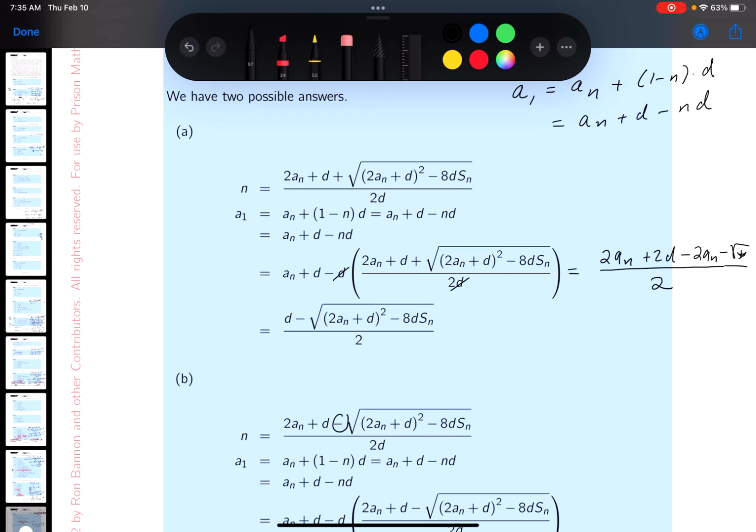So let's see if I got that. And I'm carefully looking at this, right? So 2an, 2d, the ans disappear.